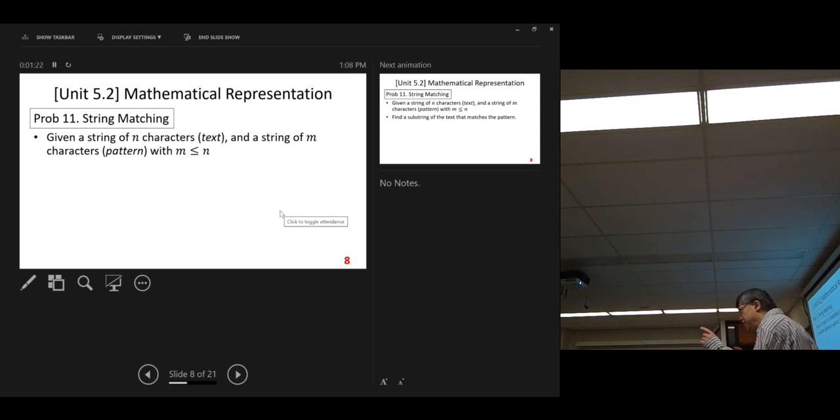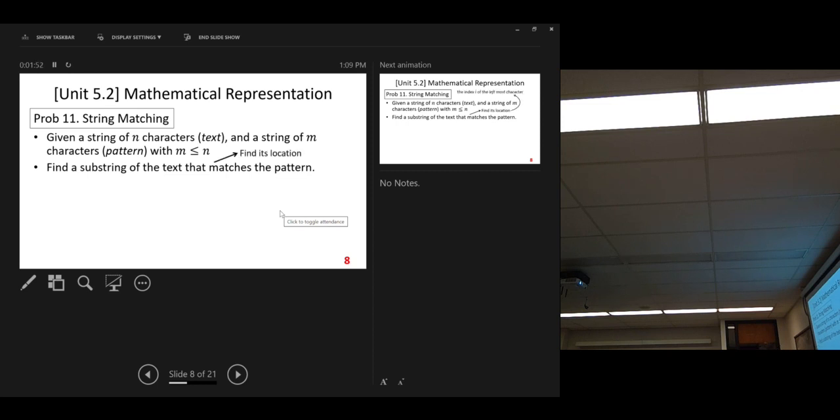Now we want to see, can we find a portion or a segment in the text that matches the pattern exactly, matches the whole pattern exactly? So we want to solve that problem. Find a substring of the text that matches the pattern. We need to find the location of that substring.